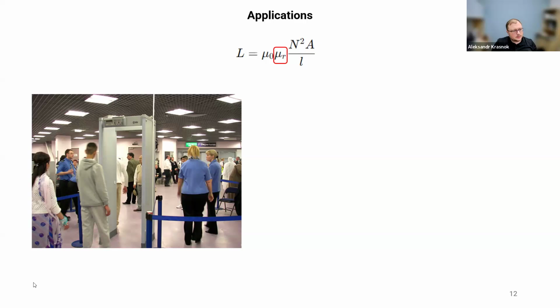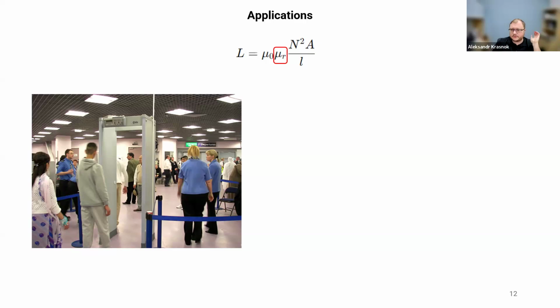And here in this picture, you see the security gate in an airport. Okay, so the security gate essentially is just a coil, just a coil driven by some current, from which you can figure out, calculate the inductance.